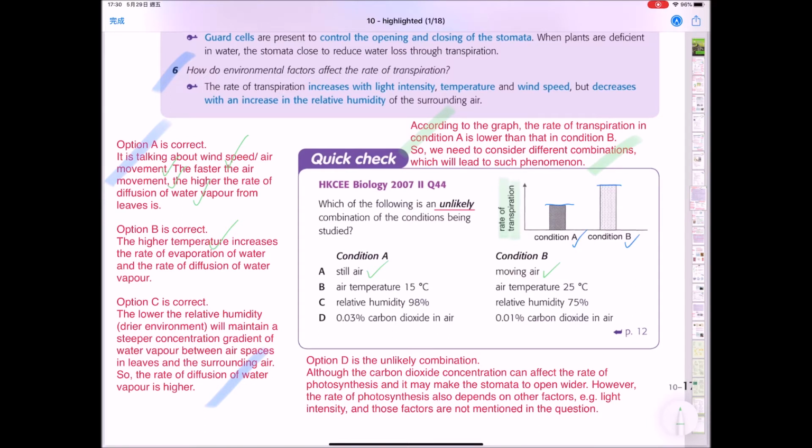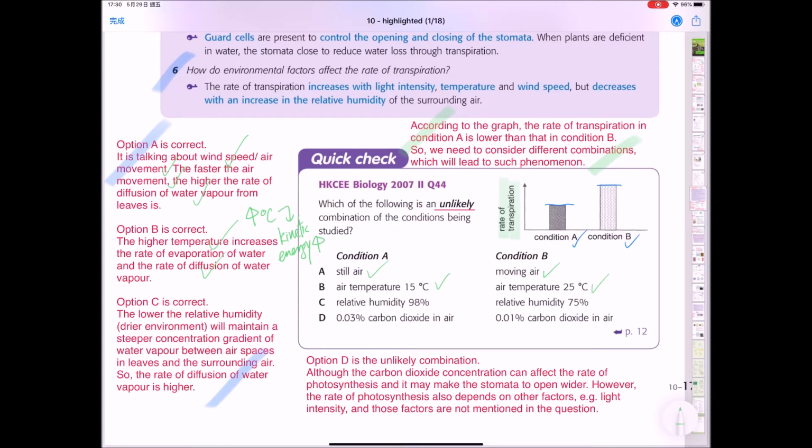The higher temperature also increases the kinetic energy of the water vapor. We need to recall the logic: the higher the temperature, the faster the water vapor can move, and so the rate of diffusion will also be faster. So option B is also a correct combination.